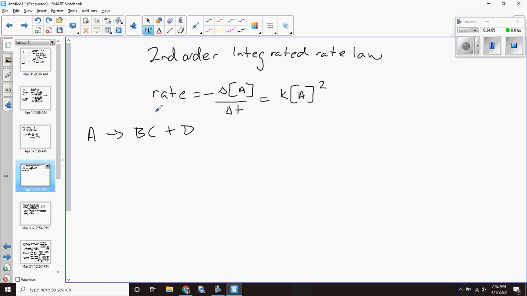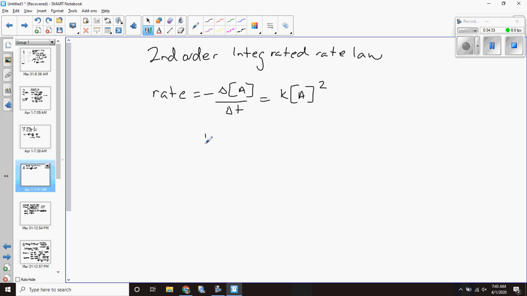The negative change in concentration of A over time is equal to the rate constant times the concentration of A to the second power, which means it's a second order reaction. If you integrate this expression, and we're not expecting you to know how to integrate it, you get this.